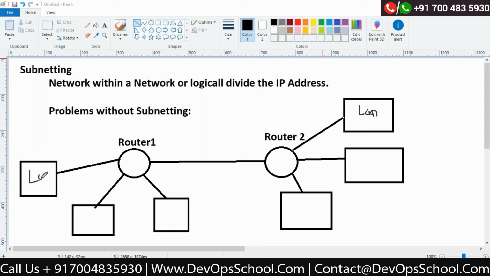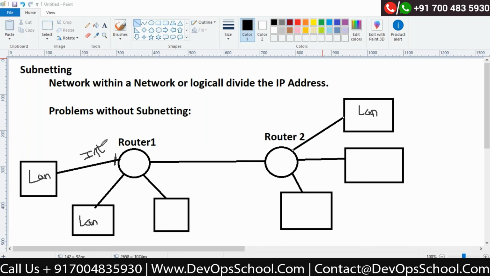I don't know how many computers are connected, but every LAN, if it is attached to the router, the point where it is attached to the router would be considered as an interface. Correct? This is my interface.